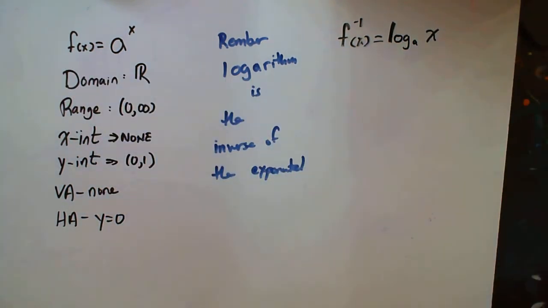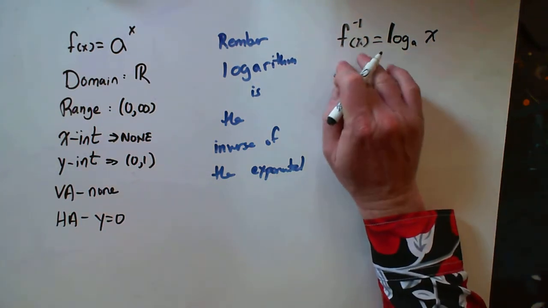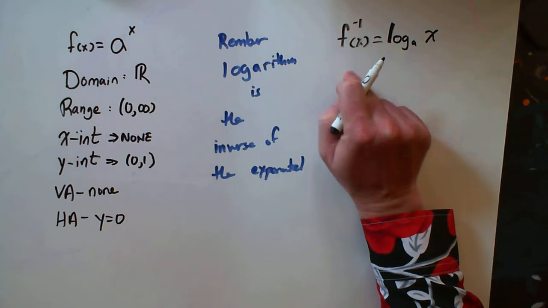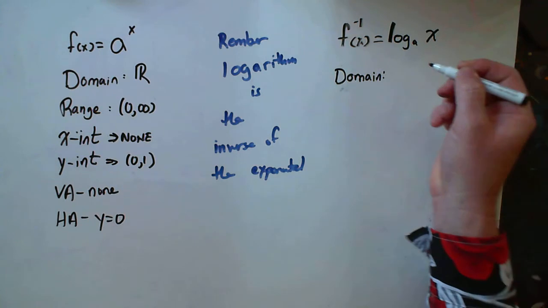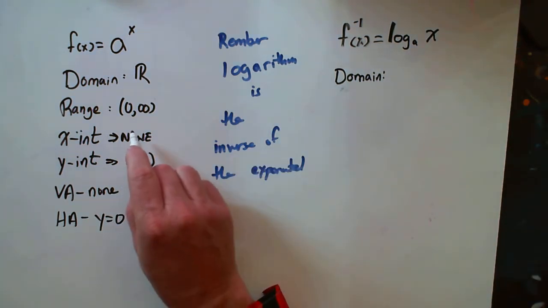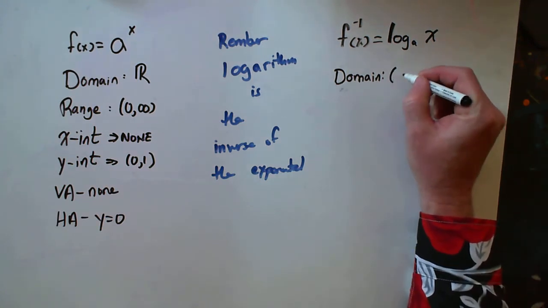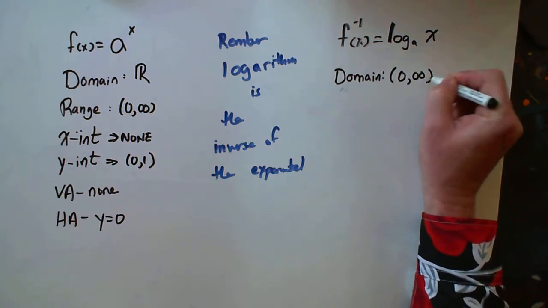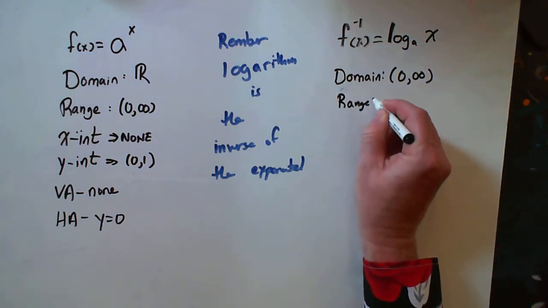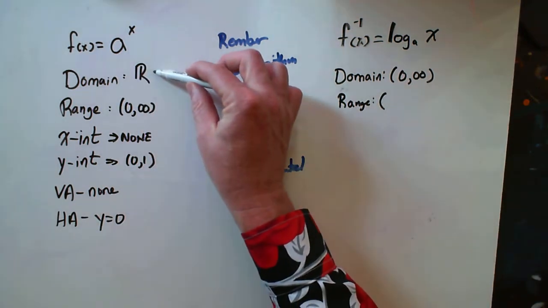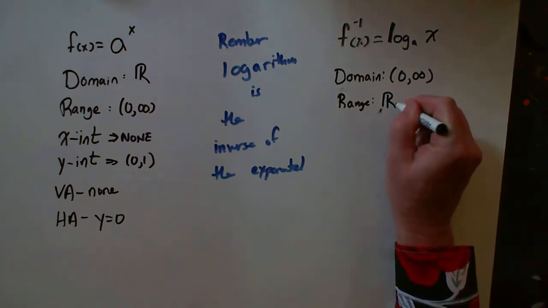When we talk about inverse functions, remember that the domain of the original function is the range of the inverse and vice versa. Since the range of our exponential function is 0 to infinity, the domain will be 0 to infinity for the logarithmic function. The range of my inverse is all real numbers.